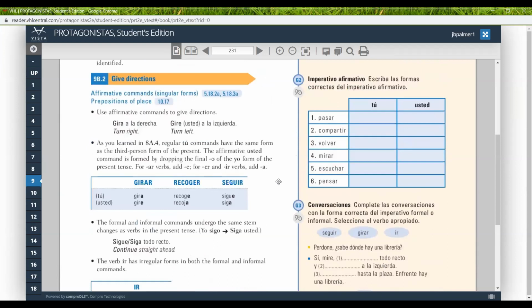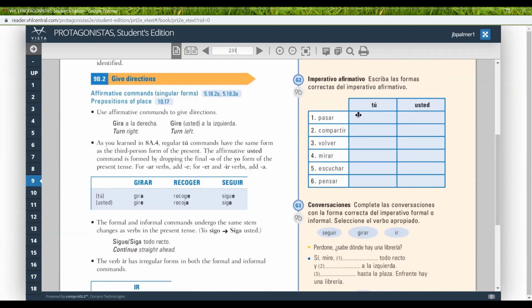So while we're on this page, in your VHL homework that is due, I guess, in a couple of weeks, the way that everything is divided up, a couple of the first activities are going to be this one, G2, imperativo afirmativo. So basically, you're just conjugating the commands. It's nothing too complicated.